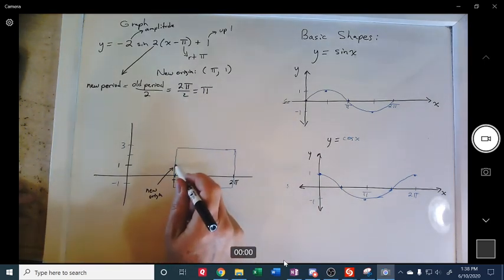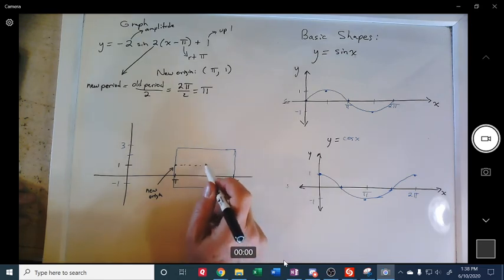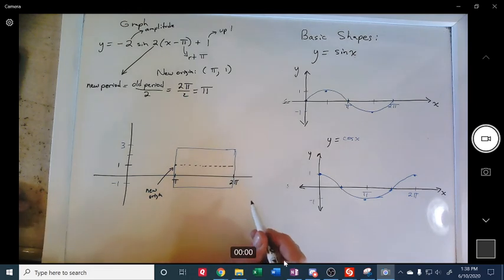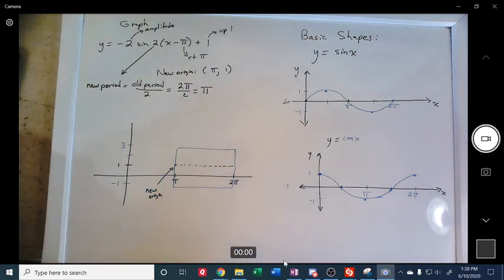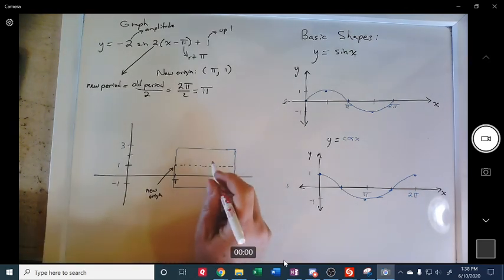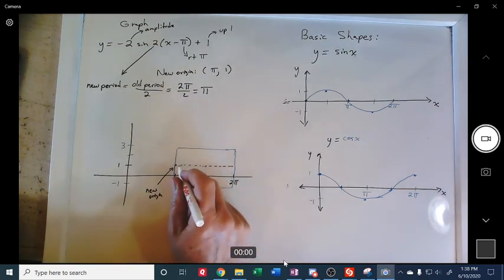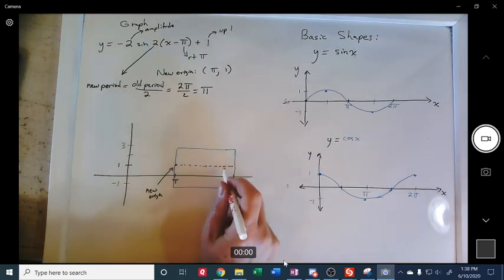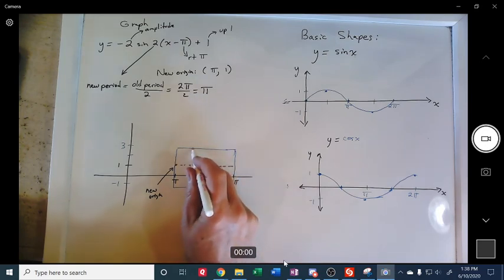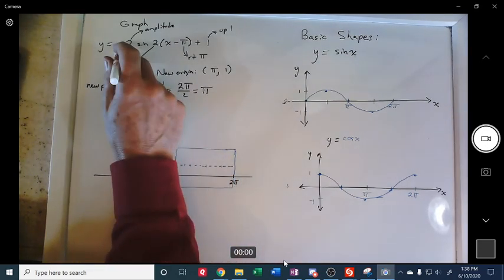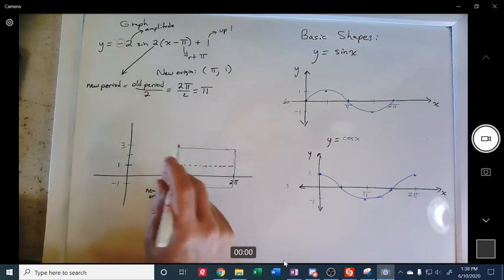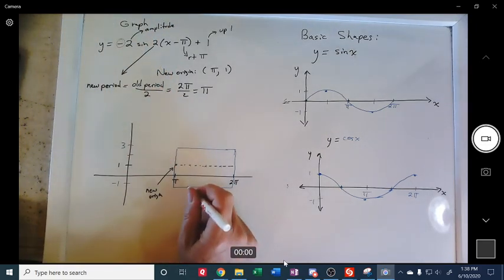Now here's my midline right here. And my sine curve starts here at the 1/4 point. Normally it would go up, but this is reflection across the x-axis, so everything is reversed.